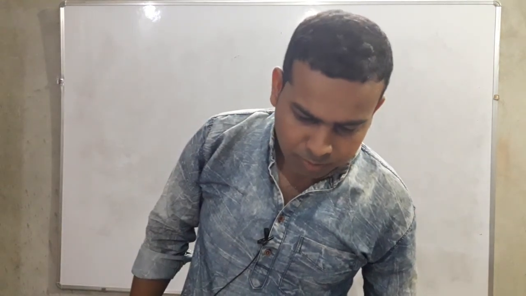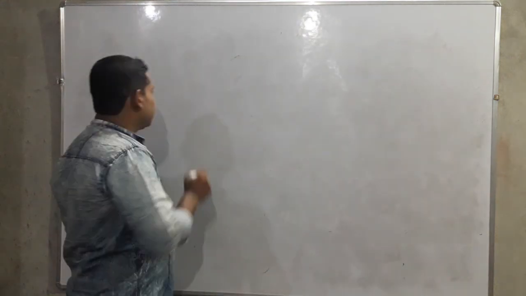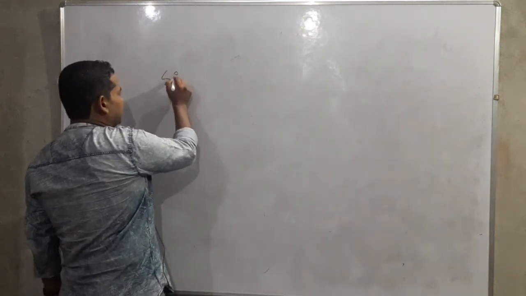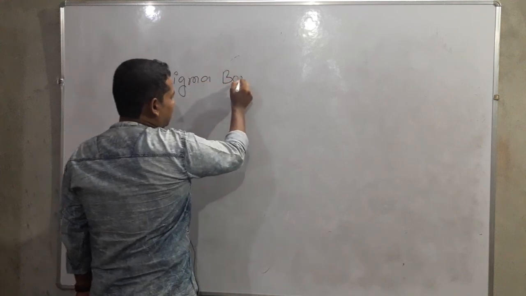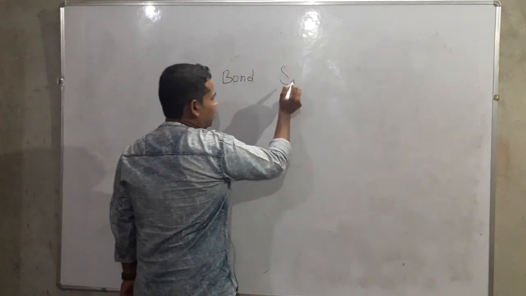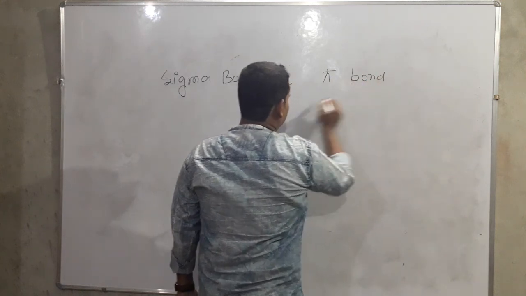Next topic is sigma bond and pi bond, the overlap between them.